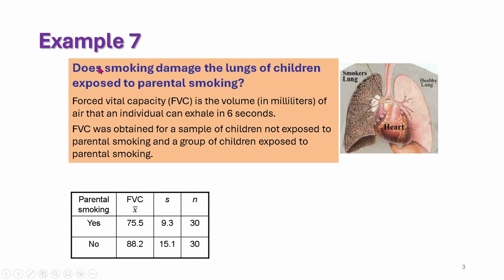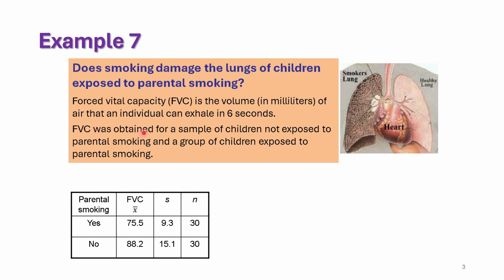The problem is: does smoking damage the lung of children exposed to parental smoking? We use the forced vital capacity, FVC, which is the volume in milliliters of air that an individual can exhale in 6 seconds.